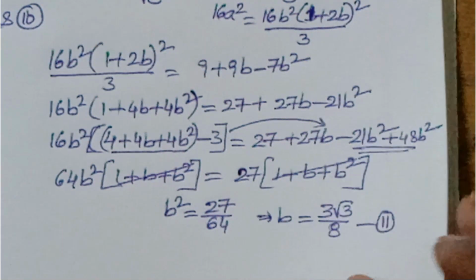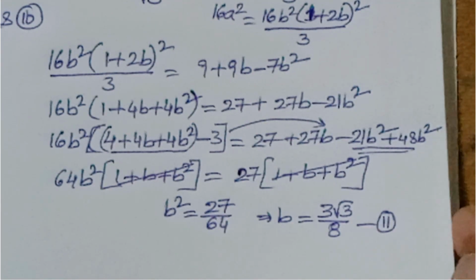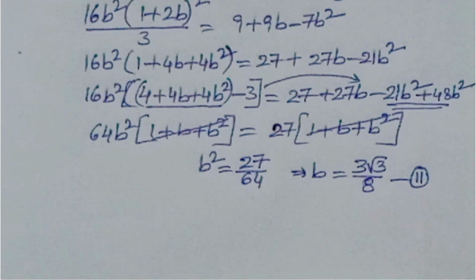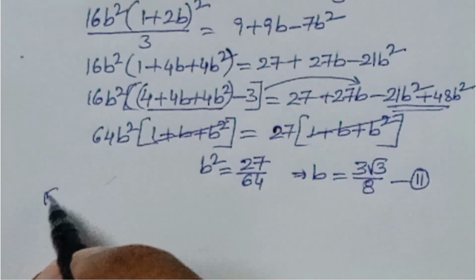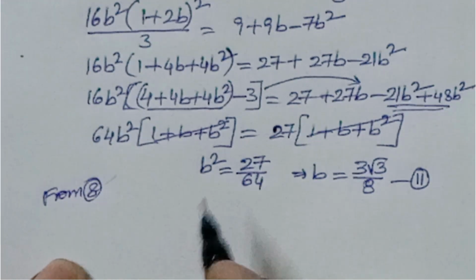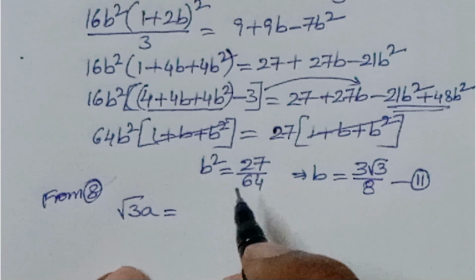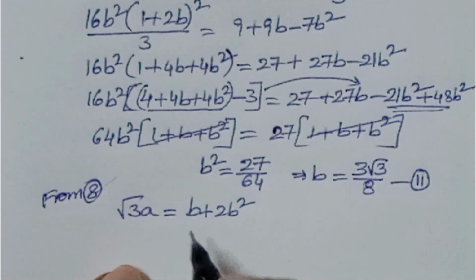Next, you have to find a value. So from this, you can get from 8: root 3a is equal to b plus 2b square.